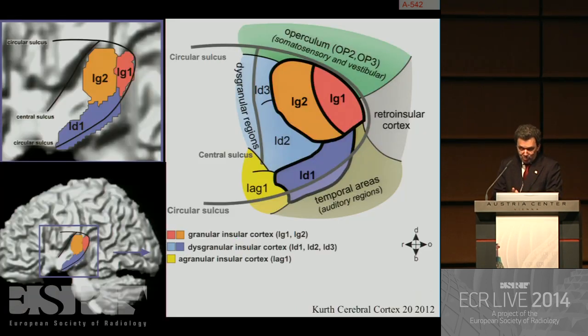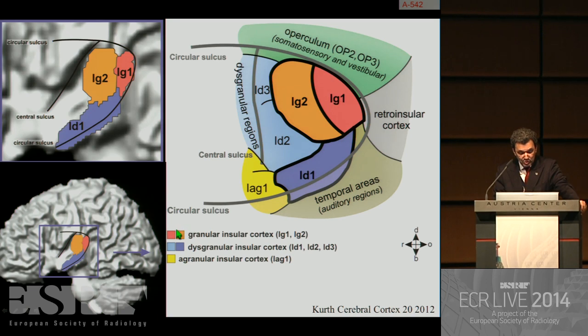Cytoarchitectonically, it's slightly complex too. Brodmann's view from 1908 was that you have, along the line of the central sulcus of the insula, separation into 2 fields. But that has shown not to be the case. It's different. You have, in the posterior part of the insula, several areas.